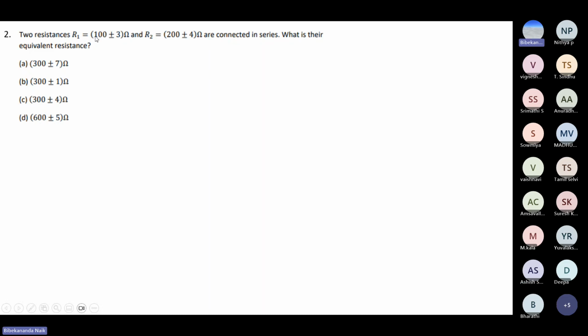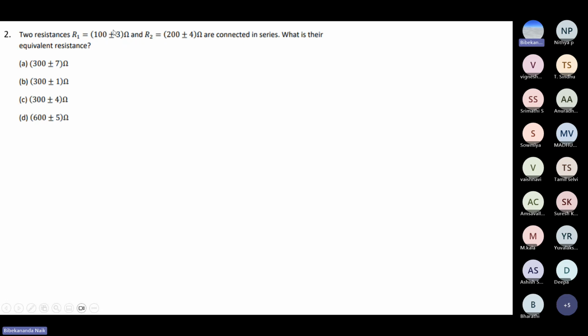So the resistance of the resistor is 100 ohm and the resistance will vary plus minus 3. So this plus minus 3 or plus minus 4 is some percentage of that value. Here, if you see 3 to 100, it is about 3.3% or something.